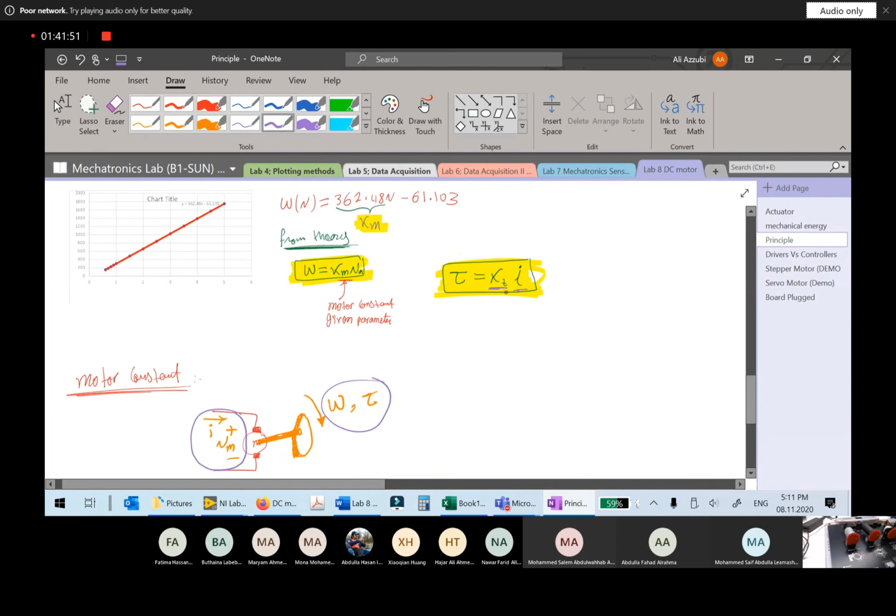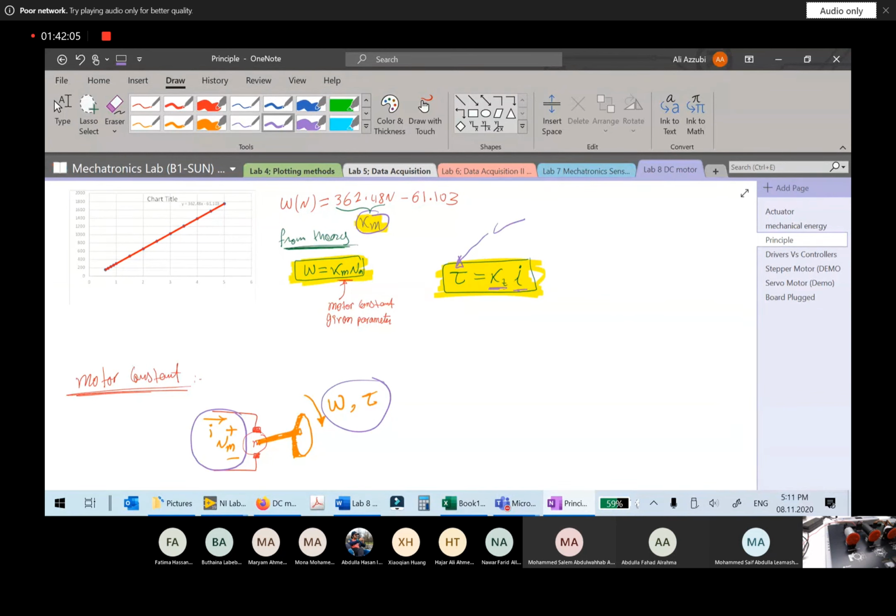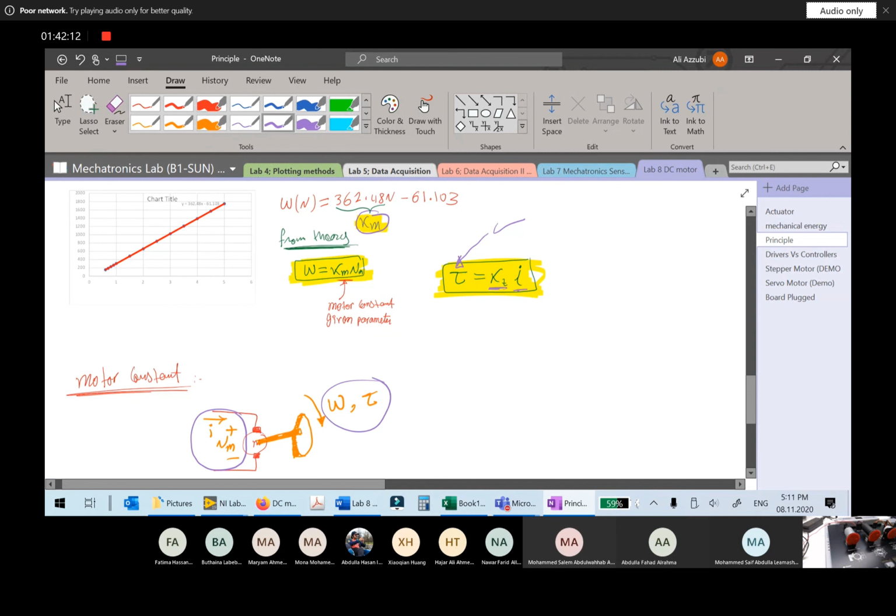So here, if you know this K, your motor constant, and you know your current, simply you can find your torque. So it's easy to control the torque of these DC motors. Just control the current through manipulating voltage. And you know the relation, and we can find it experimentally.